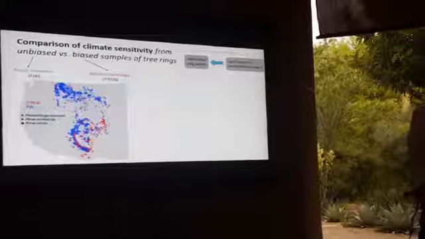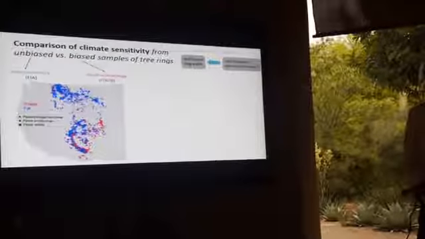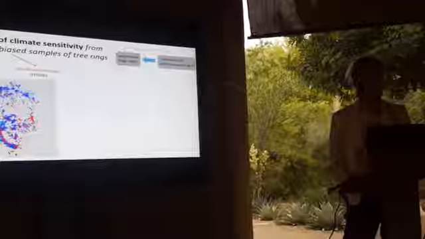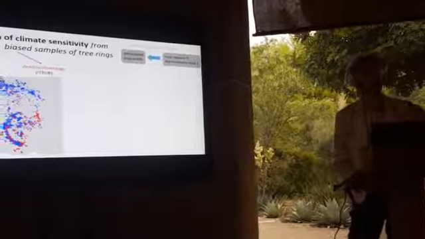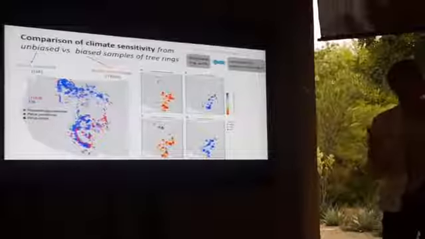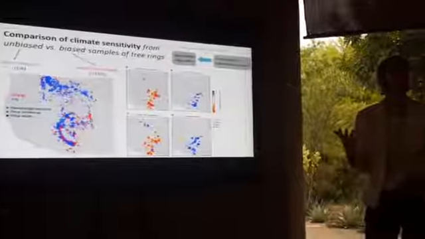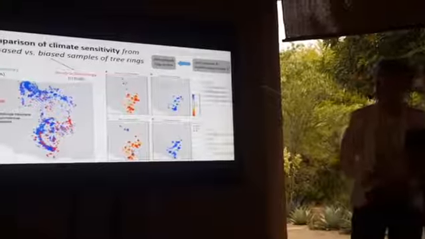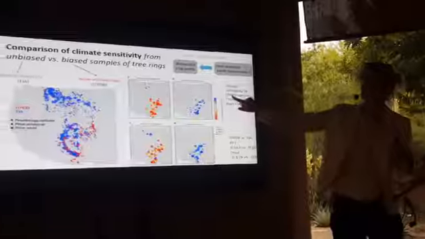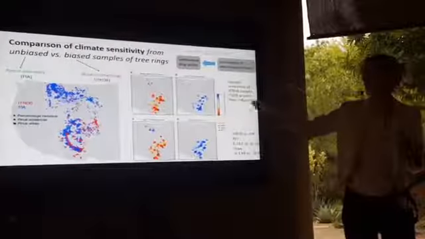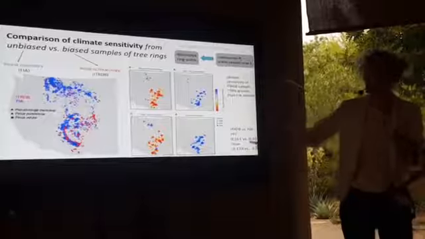And if you look at the regression slopes, the relationship between the width of the ring that you're predicting with climate data, the slopes are steeper for the dendroclimatology samples, these trees that we expected to be more climate sensitive. They are indeed more climate sensitive. So on average, the climate sensitivity of these dendroclimatology or ITRDB samples is about 50% greater than the FIA samples.